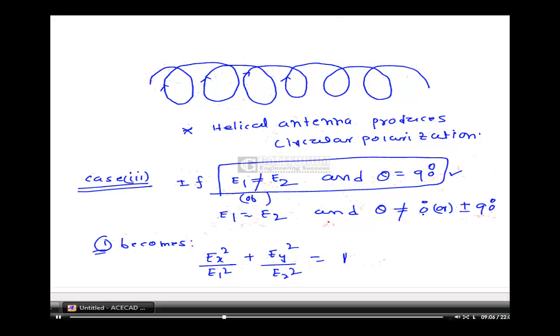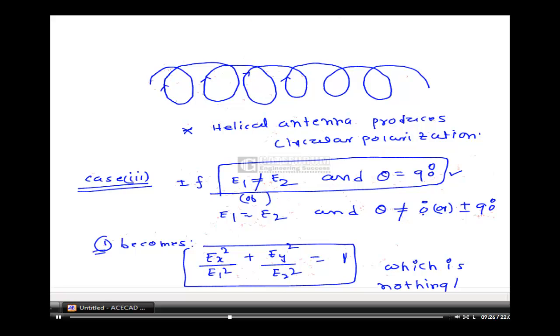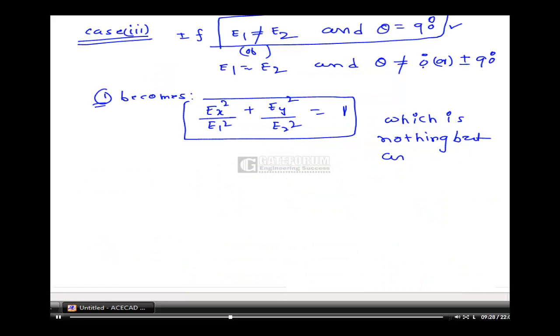So the equation 1 has this type of form only, but additionally we will get some Ex, Ey term also, which is nothing but an ellipse equation. Suppose if you observe this equation, Ex square by E1 square plus Ey square by E2 square is equal to 1, which is nothing but an ellipse equation.